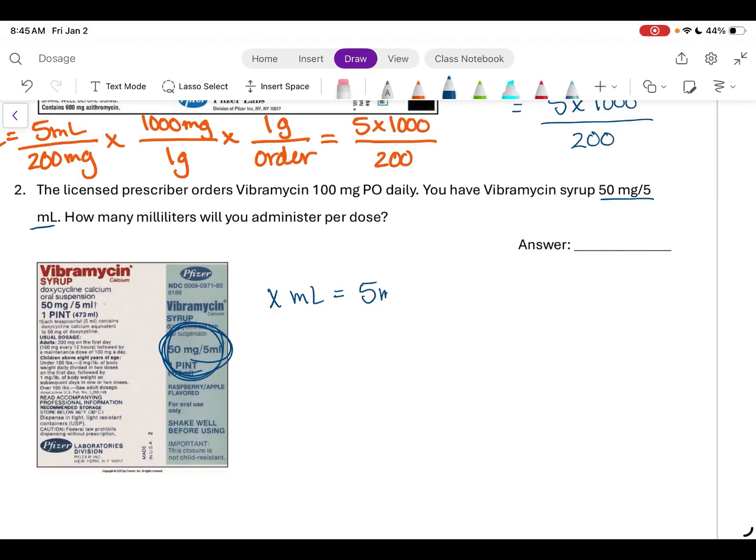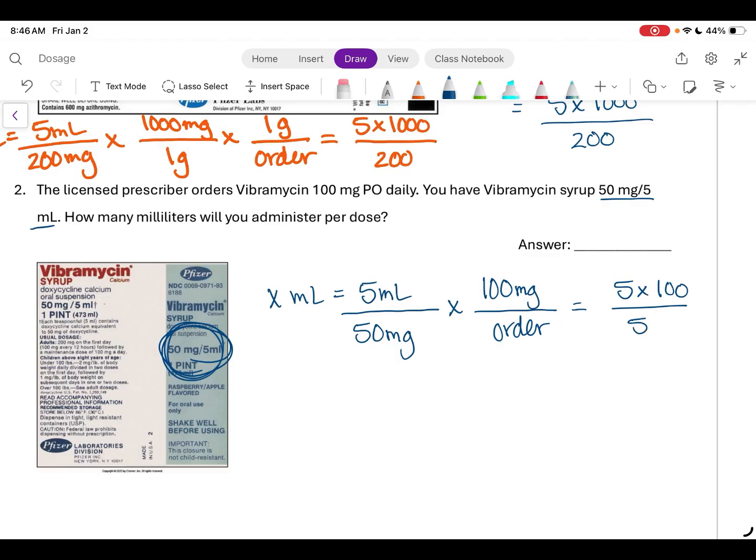I write it upside down: 5 milliliters, 50 milligrams. Then multiply by my order, which was 100. Again, I like to go straight across first and then divide the bottom. And you'll get 10 milliliters as your answer.